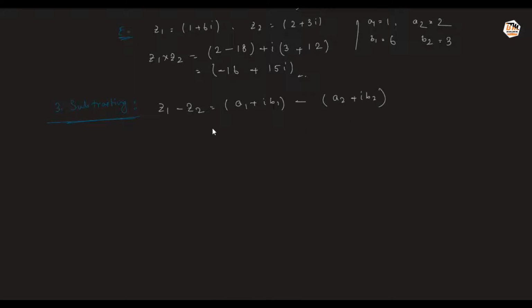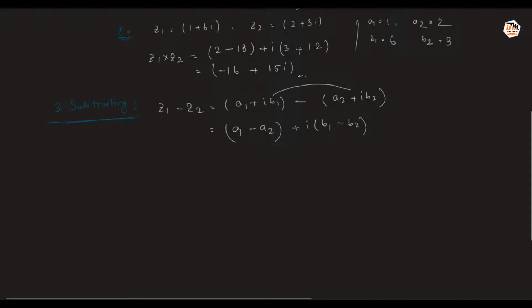Same as we did before for adding. So a1 minus a2, and take common i from these two, so plus i times b1 minus b2.